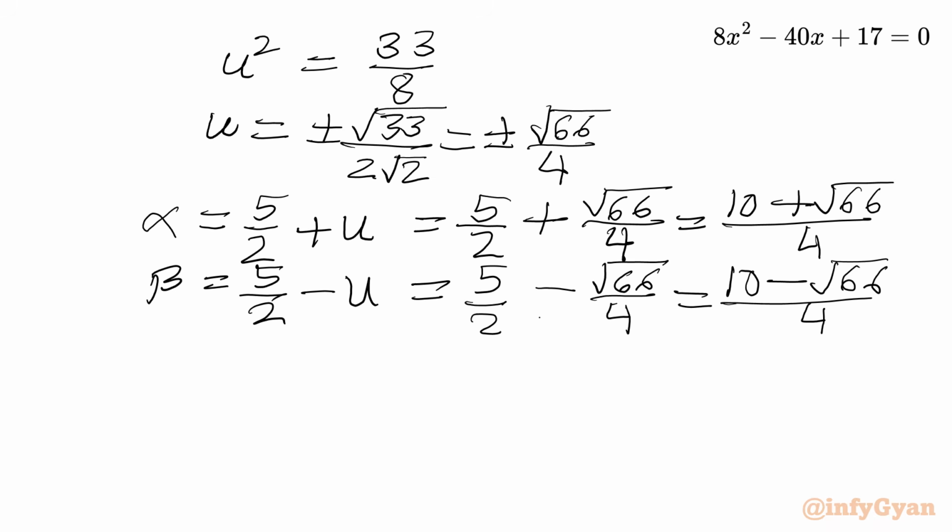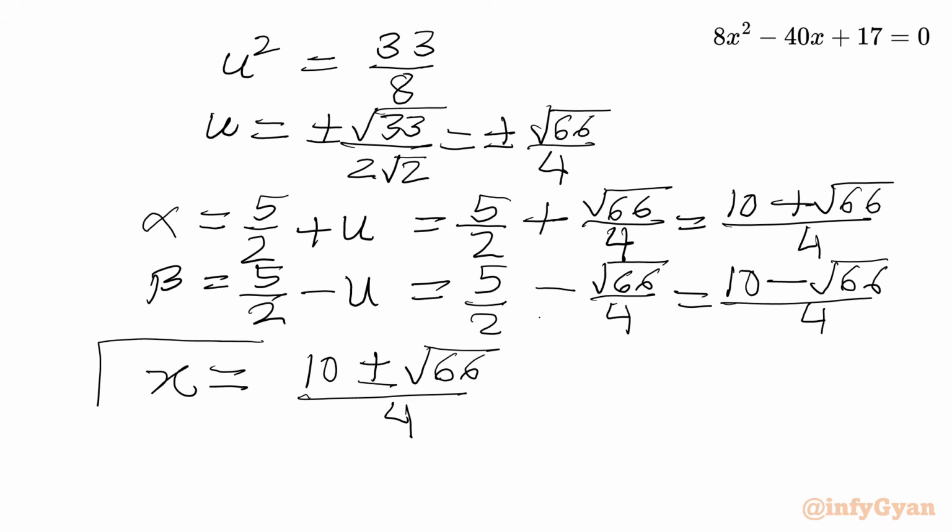So we have two roots of the quadratic equation, 10 plus minus square root 66 over 4, using the Po-Shen Loh method.